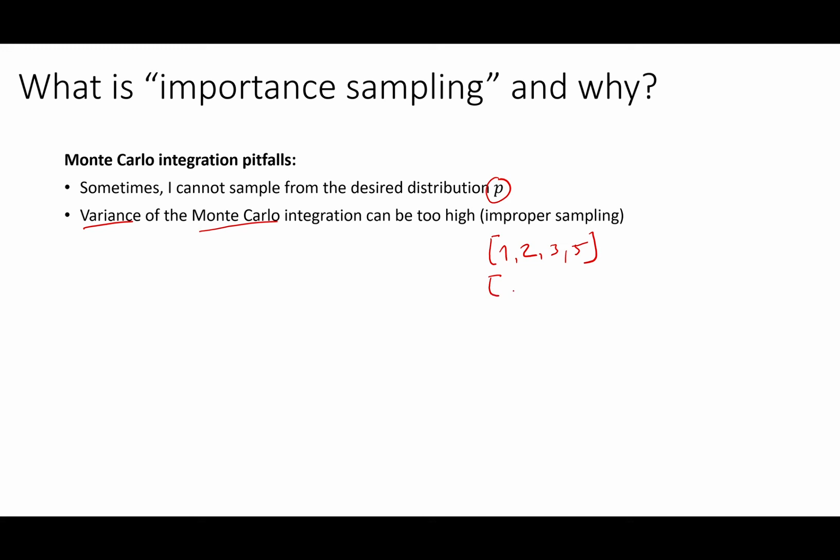Maybe I run it once and it's like 1.95. Maybe next time it's exactly 2. Maybe I run it again and I get 2.05, and I'm much more confident if I get these results running the Monte Carlo integration 3 times.